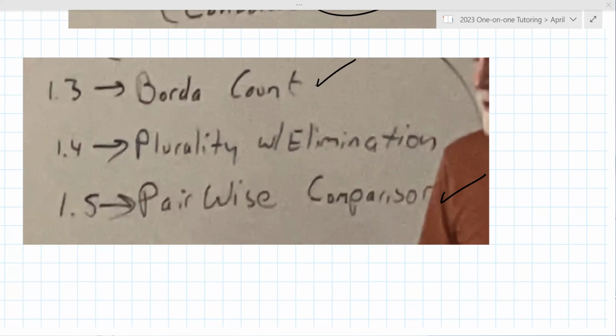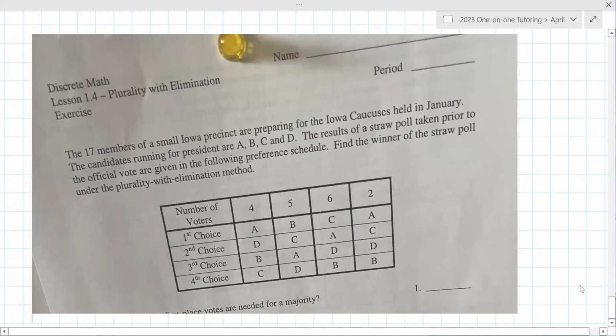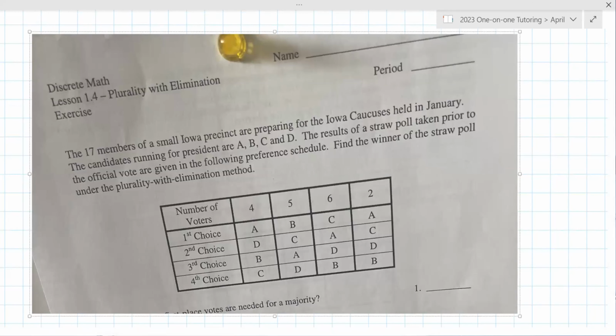Okay. So there's a discrete math lesson 1.4, plurality with elimination, right here. Let me do a quick search on this. I think I've got it already.